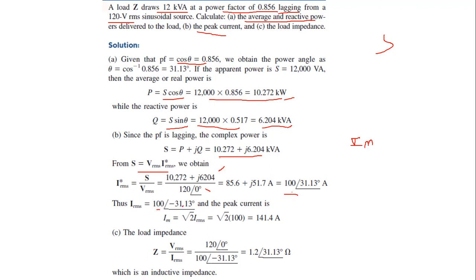You can notice that the angle is negative because we have removed the conjugate. So this is the value of IRMS. Now we can find the peak current. IM is equal to root 2 into IRMS, because IRMS is equal to IM by root 2. That is the formula. So rearrange and find out the value of IM. This is the value of peak current.